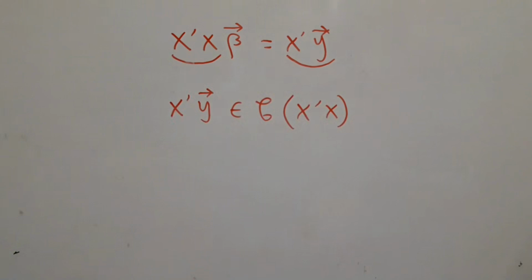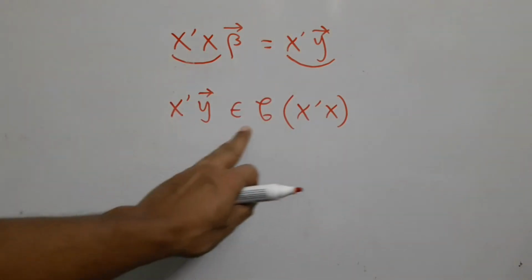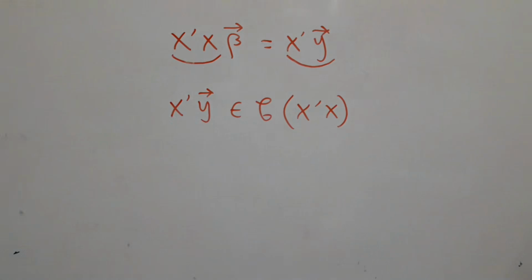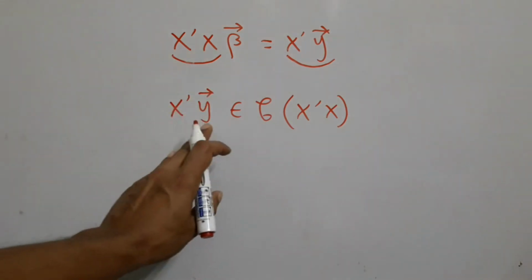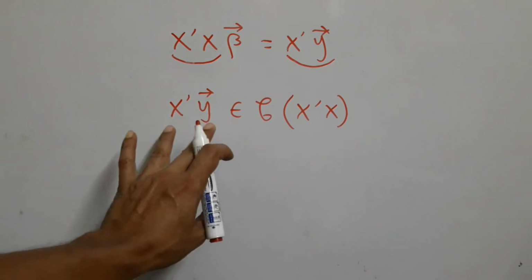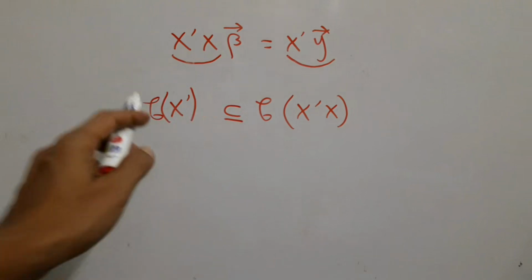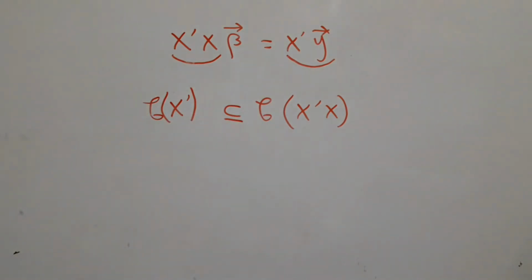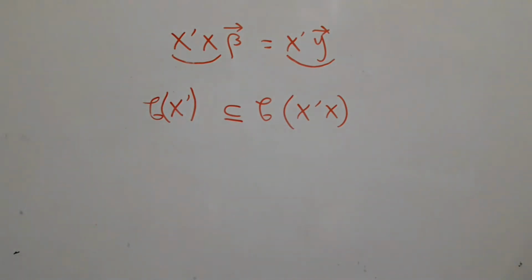Now I said that this is going to be consistent whatever X and y you take, which means whatever y you take, X transpose y must belong to the column space of X transpose X. Now every vector of this form X transpose y, whatever y you take, constitutes precisely the column space of X transpose. So if we can show that the column space of X transpose is a subset of the column space of X transpose X, then we are done.